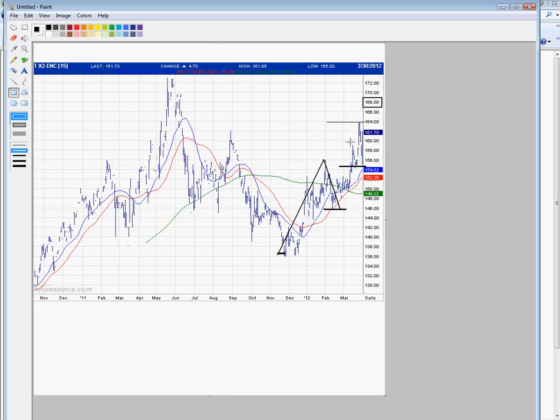So my upside target now is looking for a test here and a break of 168. So we had wave 1, wave 2, wave 3, which is 168, and then we'll see some kind of retracement, as long as this retracement doesn't take out the high of this wave 1, which is here.